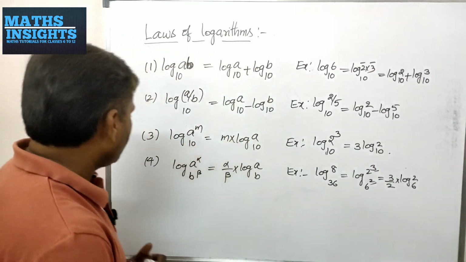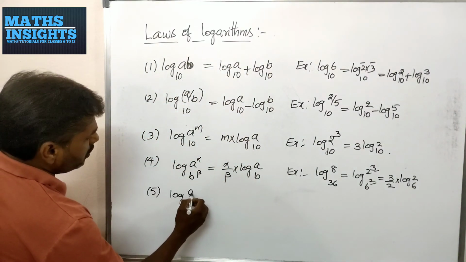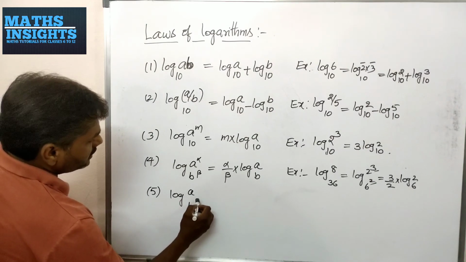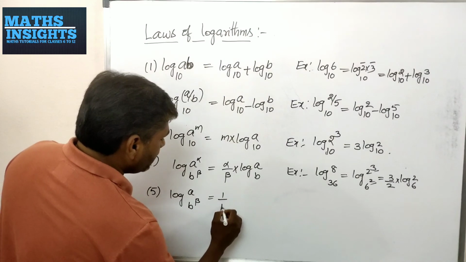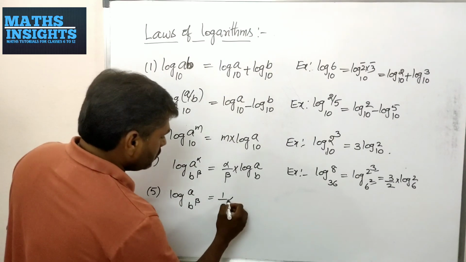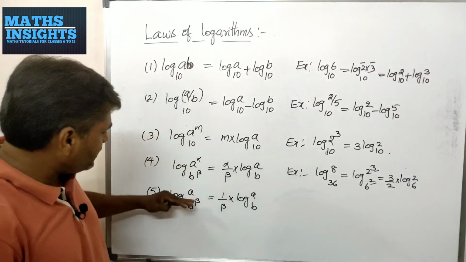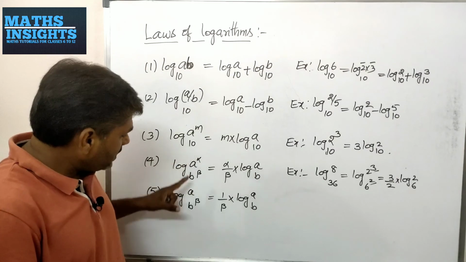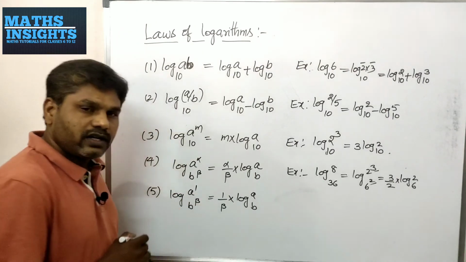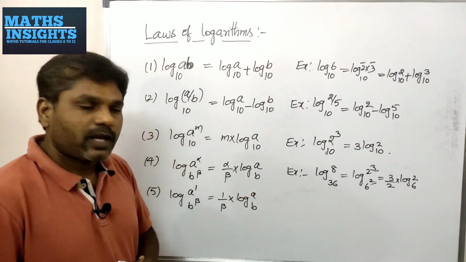And the fifth one, if you have log a base b power beta, then that can be written as 1 by beta into log a base b. Actually this and the previous one are not different. Here you had alpha, in place of alpha I am having 1, therefore it becomes 1 by beta into log a base b.